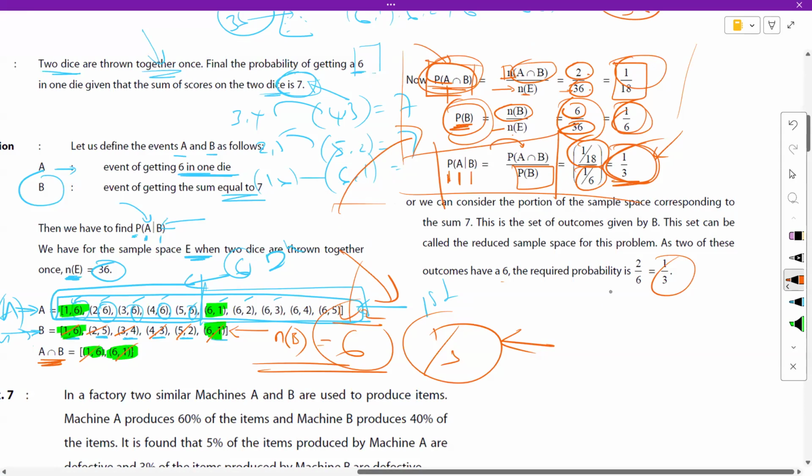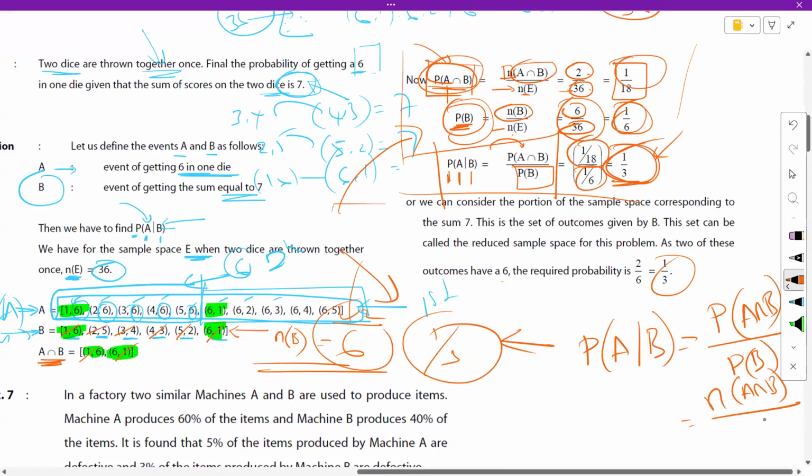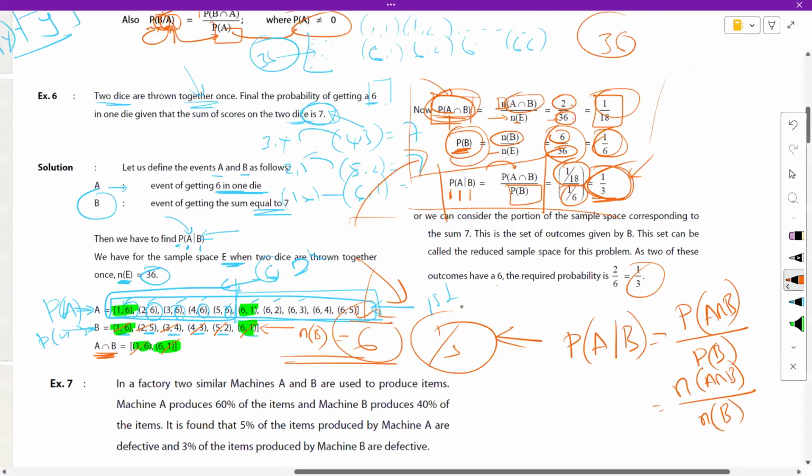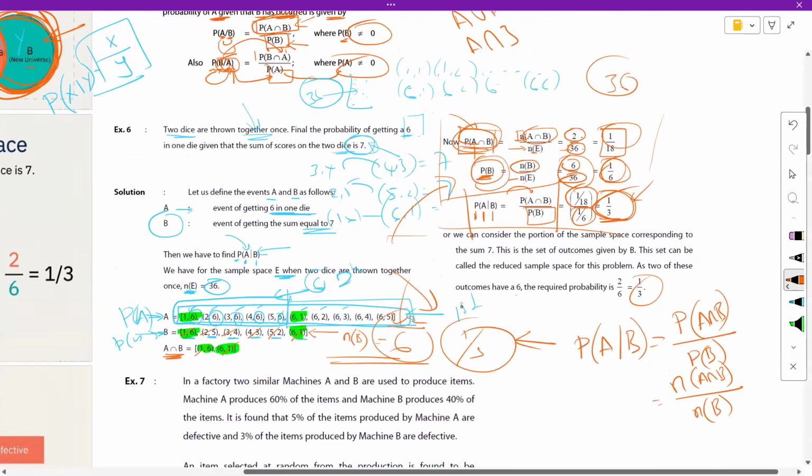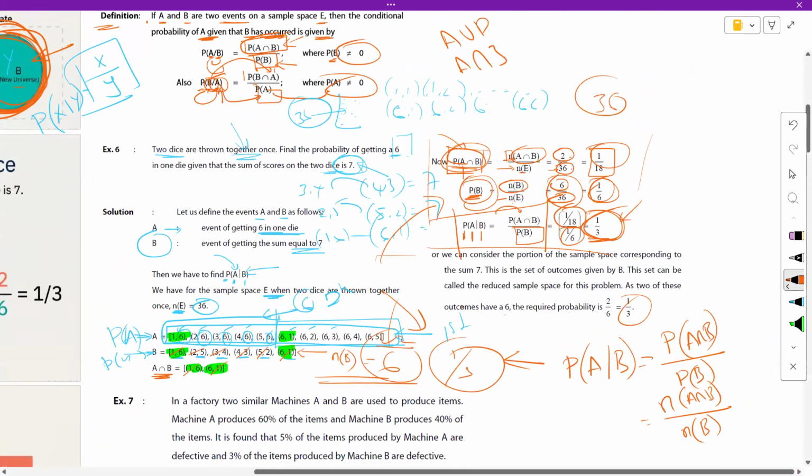The preferred formula is probability of A given B equals probability of A intersection B over probability of B. Or we can take the number of elements in A intersection B over the number of elements in the event B. So both are correct. Clear? Any doubts? Any questions here?